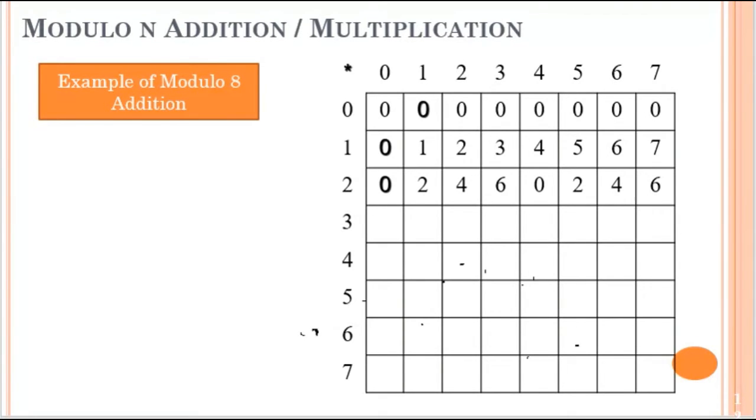Here, modulus n addition and multiplication. Example of modulo 8 addition and modulo 8 multiplication. When we solve this, all these things depend on that particular symbol.